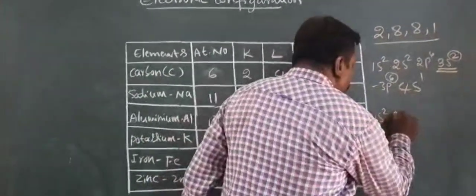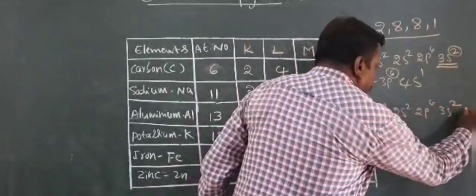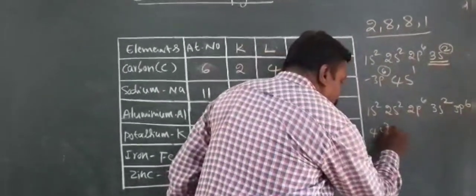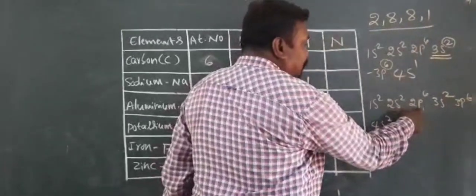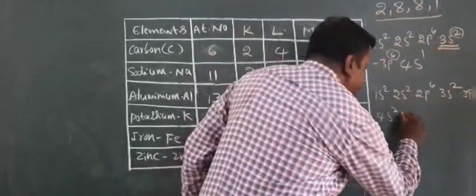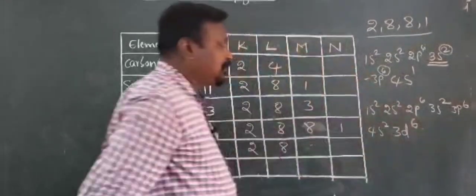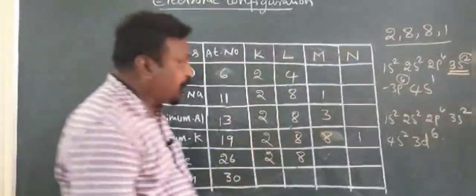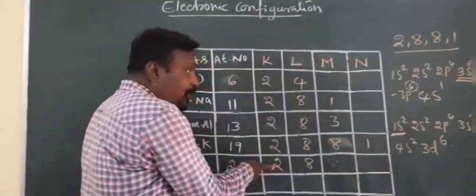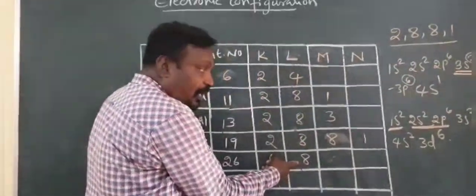It is 1s2, 2s2, 2p6, 3s2, 3p6, and then 4s2, and then the next orbital, 3d, how much is it? 3d6. Now, observe here: the first shell has 2 electrons, the second shell has 2 plus 6, 8 electrons, right?